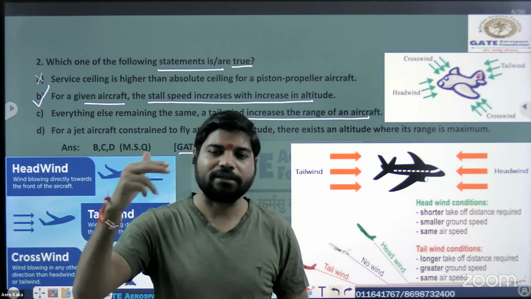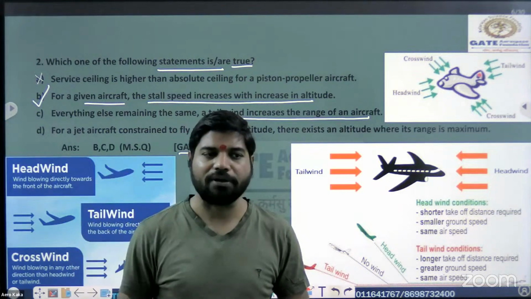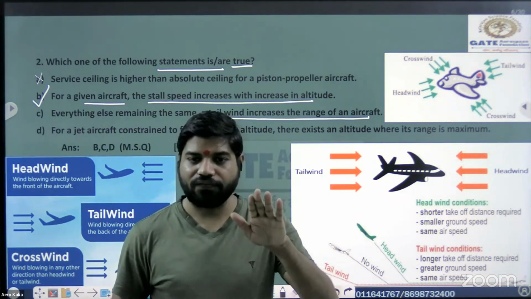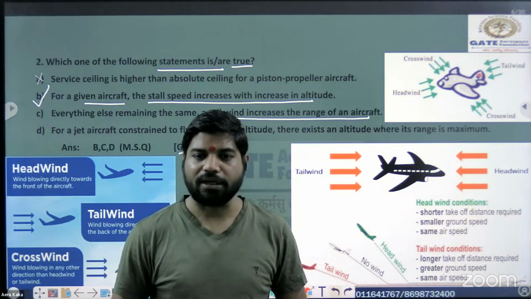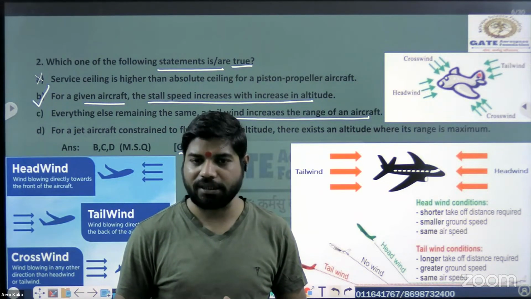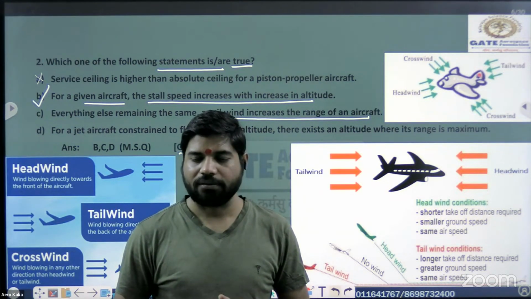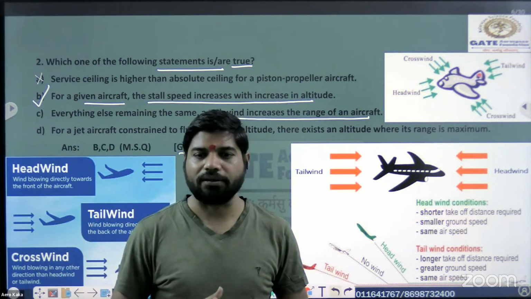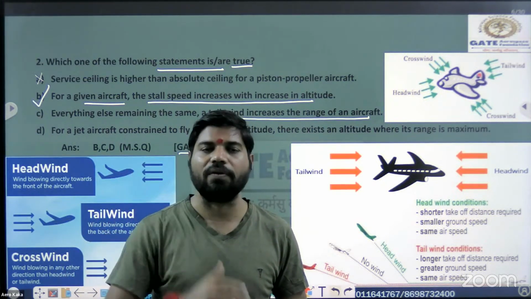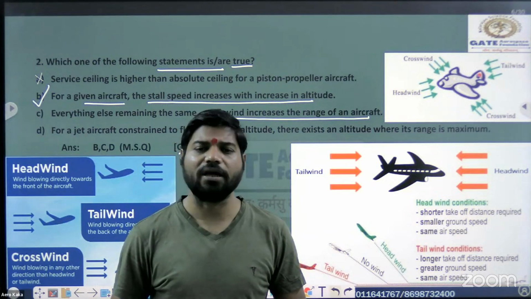Yes, sir. Let's discuss one more time here. During takeoff and landing, headwind is preferable, or you can say favorable. But during the cruise flight, or during steady state and level flight, what happens? Anyone?